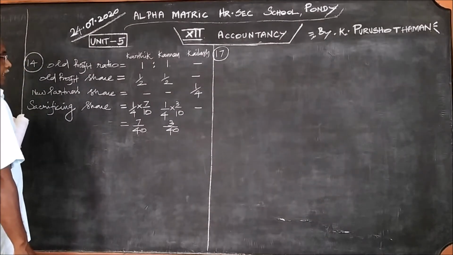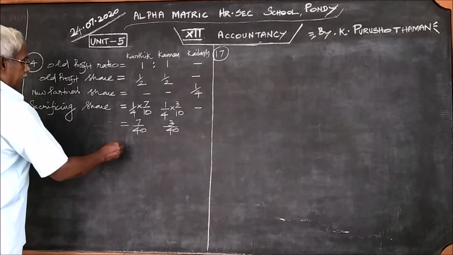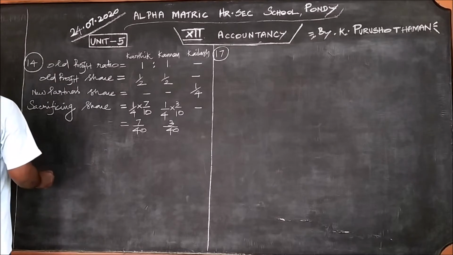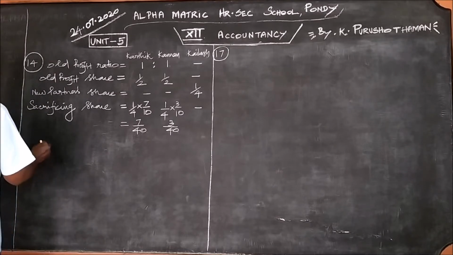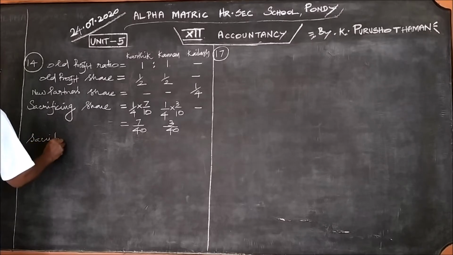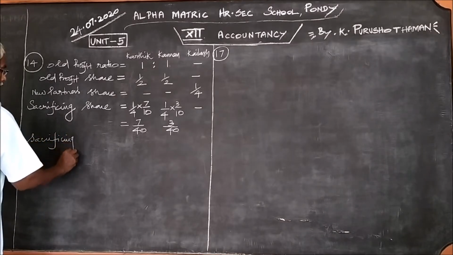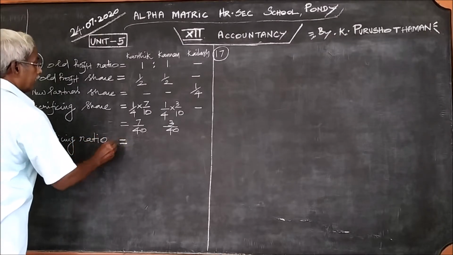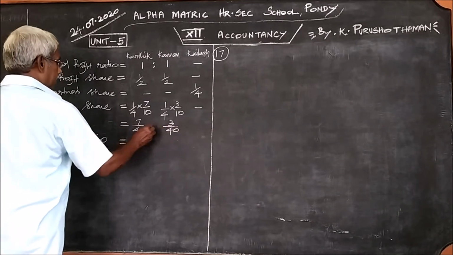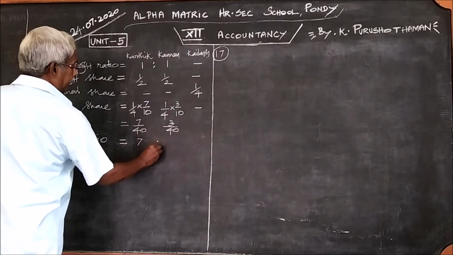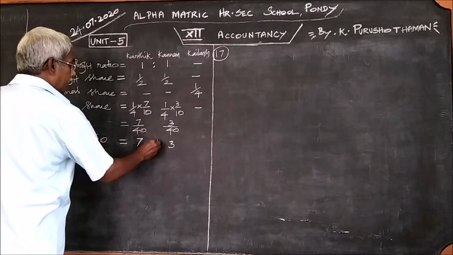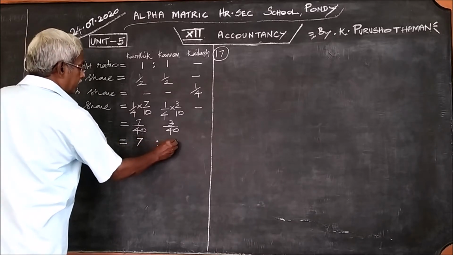This is the sacrificing share, and the sacrificing ratio is equal to, since the denominators are equal, we can take the numerator, 7:3.